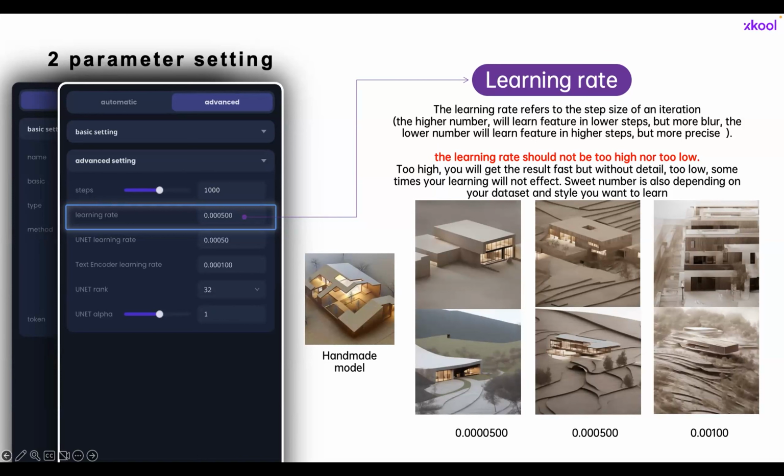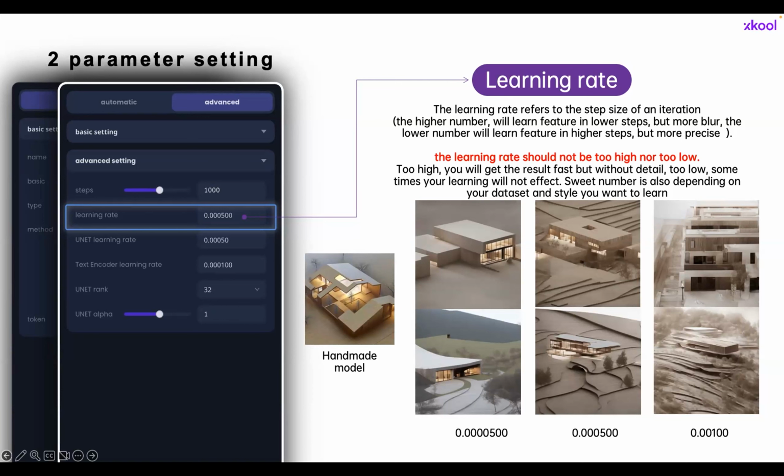I'll give you an example, like the handmade models in the pictures. If we choose the number 0.001 on the right side, you will see it learns the model features, but in a very chaotic way, and there are no details. It's just learning some of the key features. So that means your number is too high.